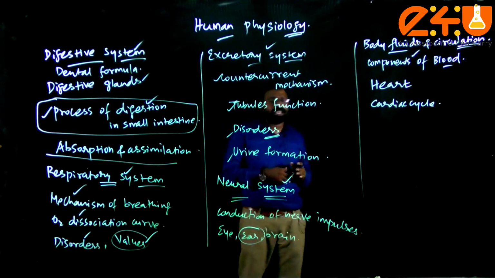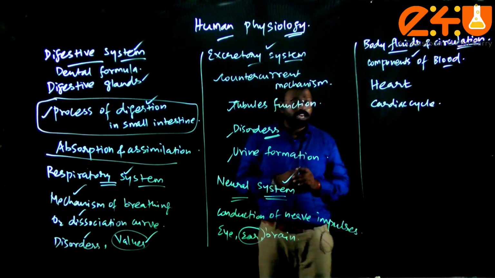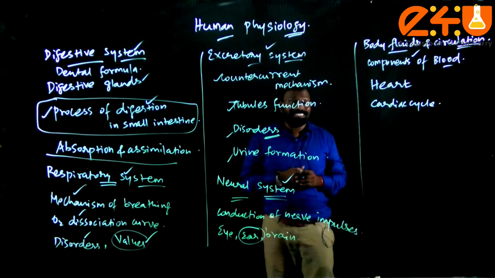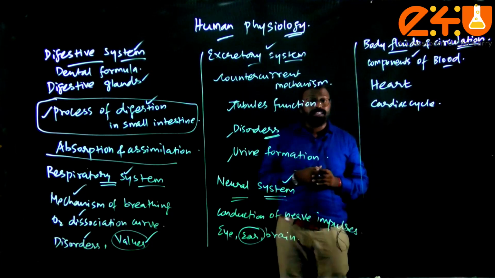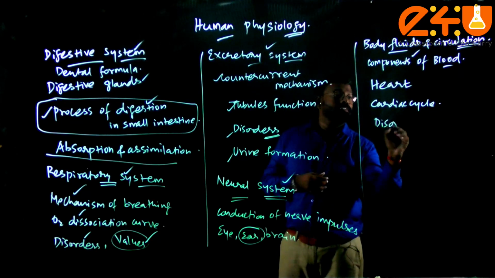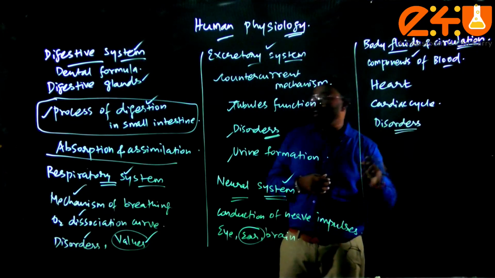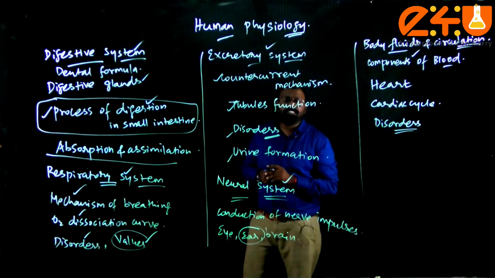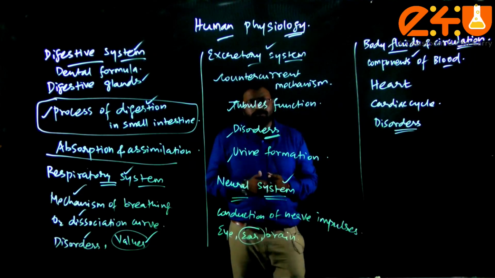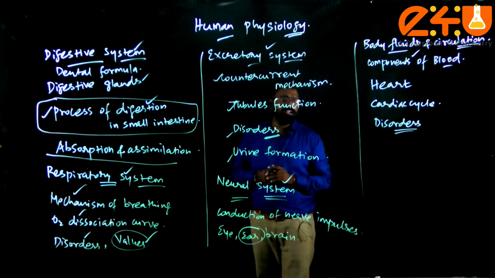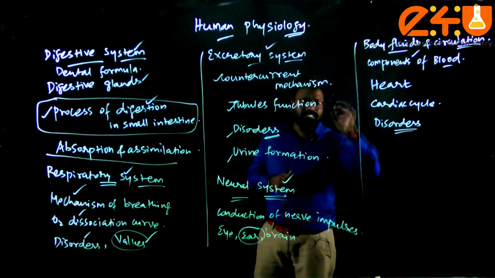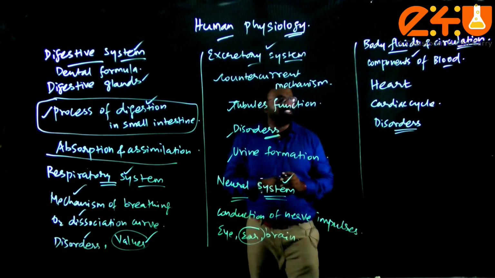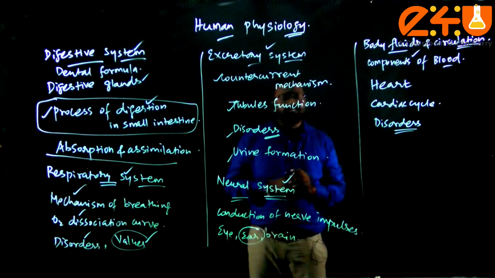After the cardiac cycle mechanism, in body fluids and circulation, you need to know the blood grouping mechanism, and after this, disorders. Please keep it in mind: in all the chapters in human physiology, disorders include MCQs, because at the end of every physiological chapter you should have a good hold on disorders. This is body fluids and circulation.